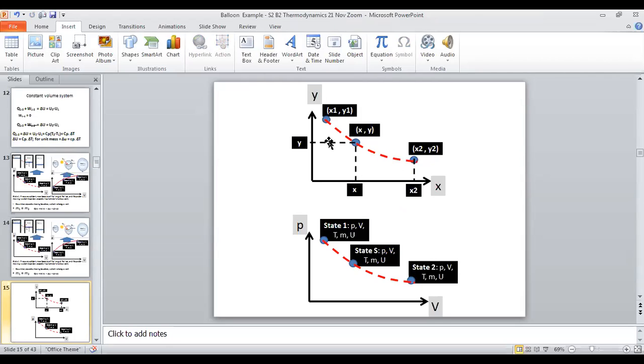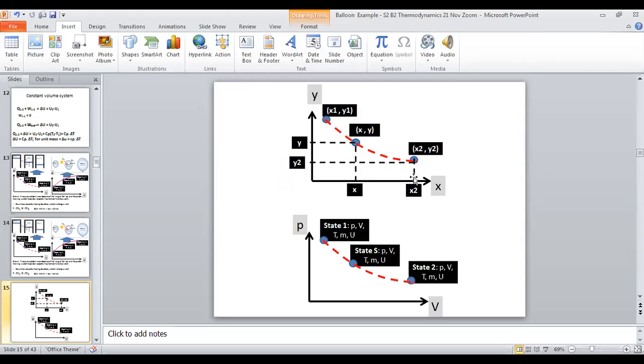Same way, if you think of the x and y coordinates, the y value, you cannot say y coordinate, that is wrong terminology. So projection on y, the final point, that is y2.